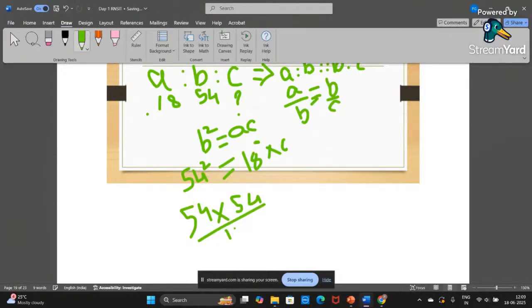I'm just modifying this to get C value. That's it. So 18 ones are 18, 18 threes are 54, right? So 54 into 3, how much is it? 162. This is your answer. This is all you need to find out.